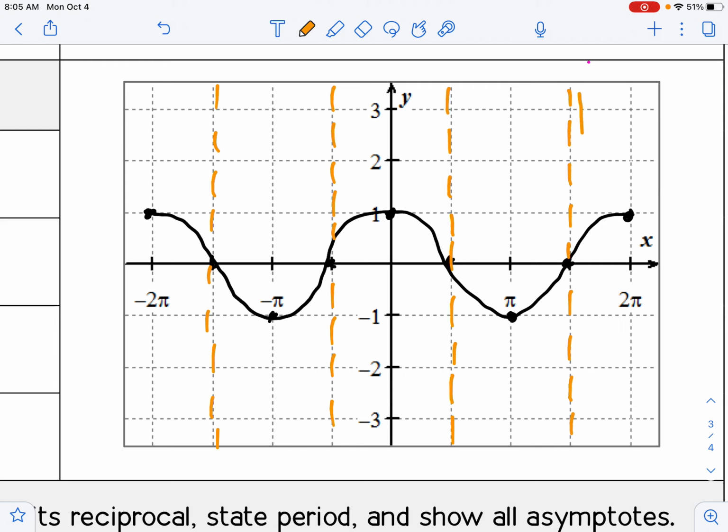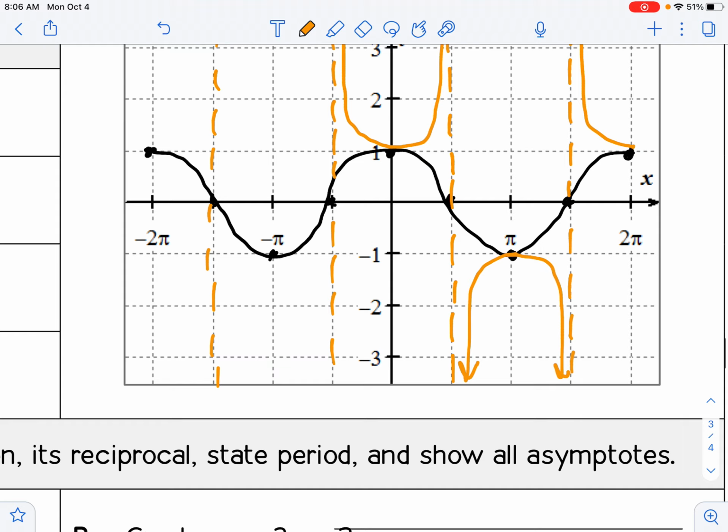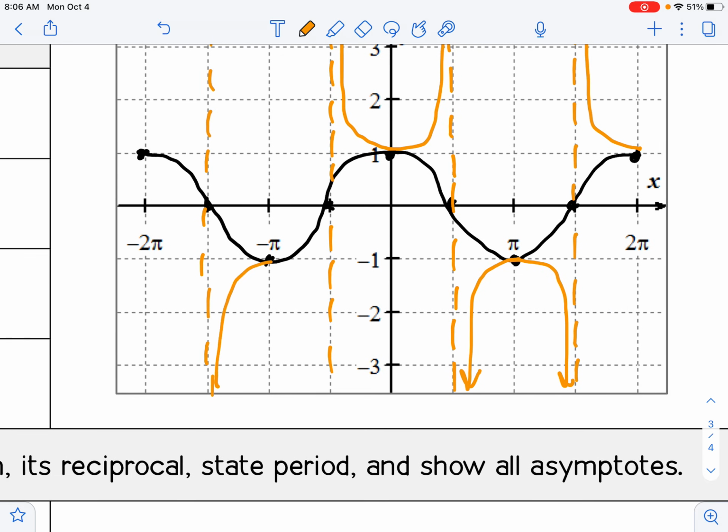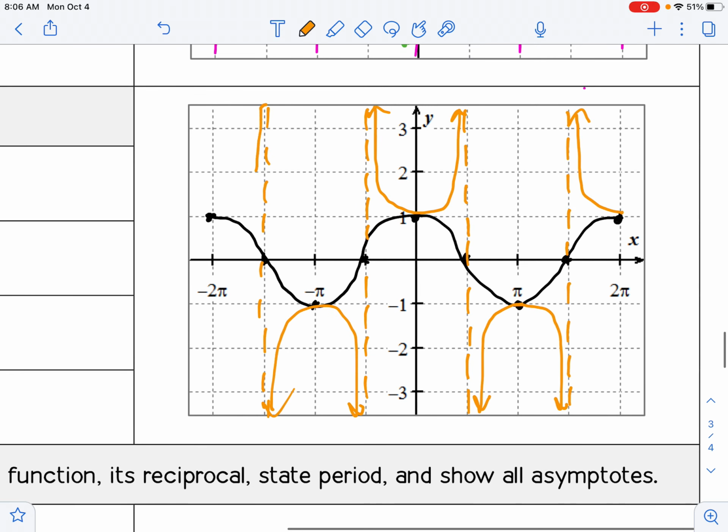And then the curve itself is, like we talked about, that weird dividing by a really small number gives you a really big number. So it looks something like this. And that would be the graph of secant.